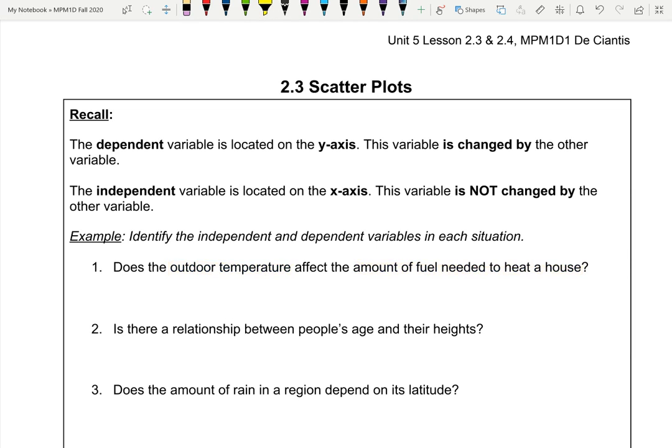So your independent variable is your outdoor temperature.